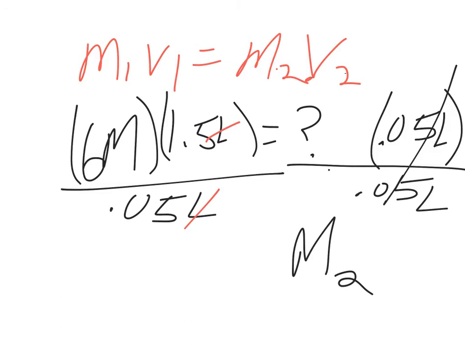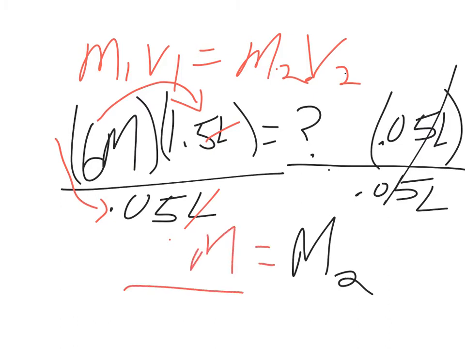Okay? All right, so now 6 molarity times the 1.5 equals, and then what's your next step? You're going to divide, very good, by the 0.05, right, you're just following the formula. Okay, this will give you the molarity. And what is it? 180?